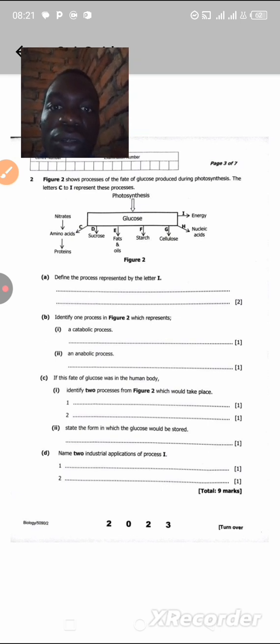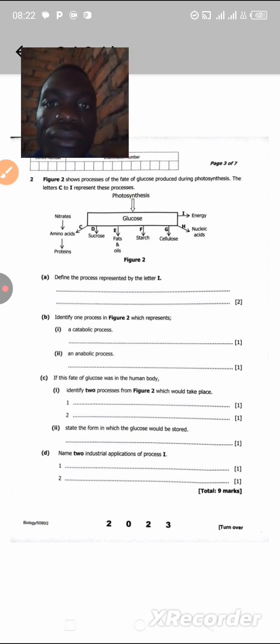So process C is a type of anabolic reaction, even F, starch. For you to have starch, you put small units of glucose together and you come up with starch.